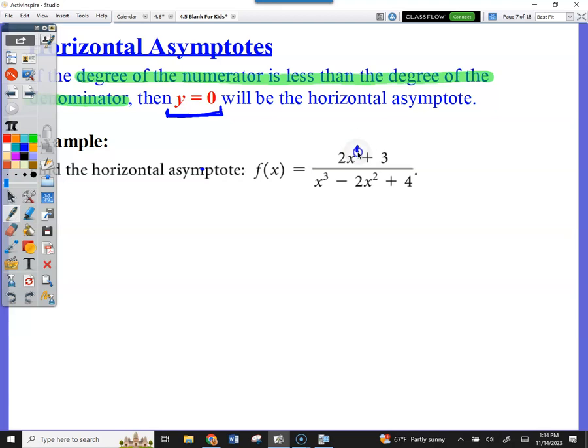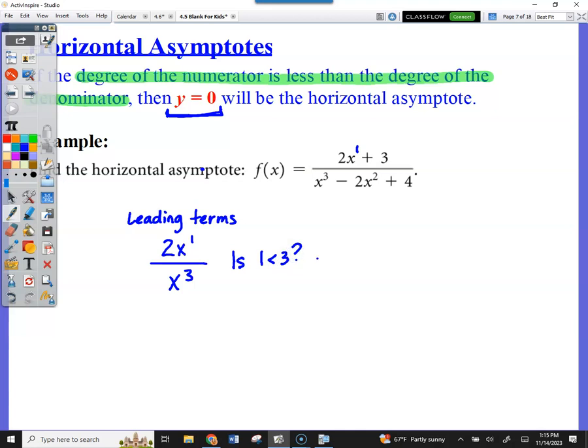The degree here is 1. The degree here is 3. Let's pull it over here. We're going to put leading terms, and we're just going to focus on them. I've got 2x to the first power over x to the third power. Is 1 less than 3?